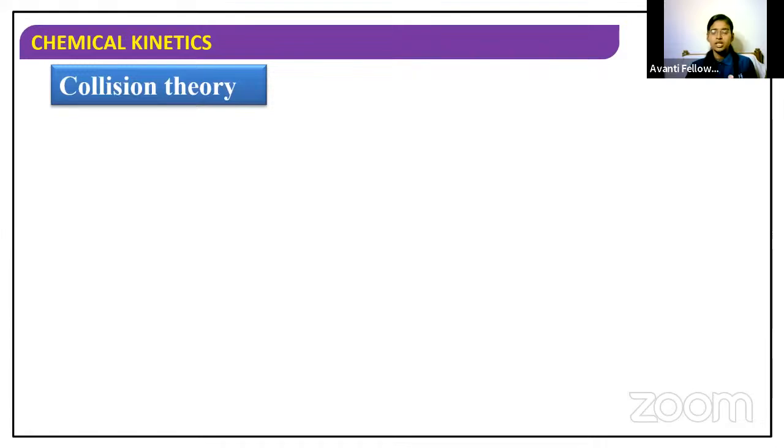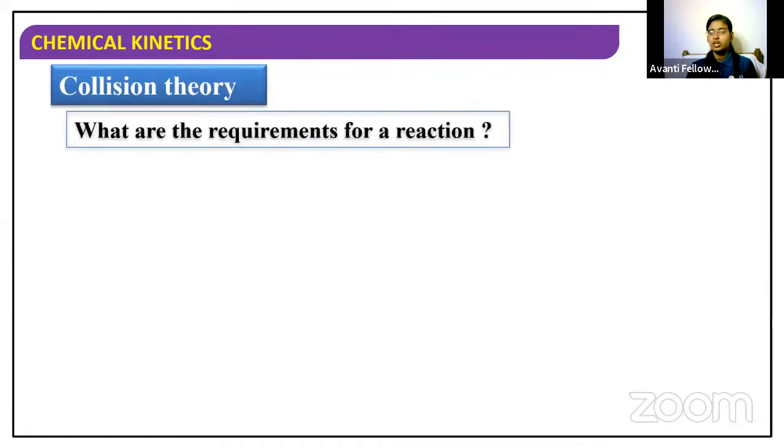So, what are the requirements for a reaction? If a reaction has to happen or occur, what do we need? Suppose we have two reactants. What are the requirements for a reaction to happen between those two reactants?